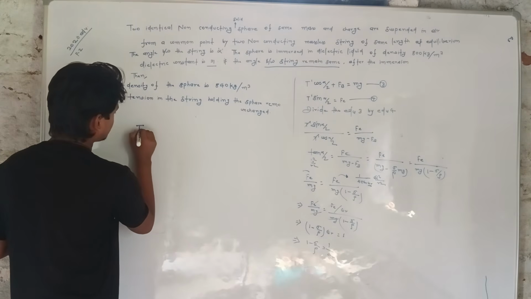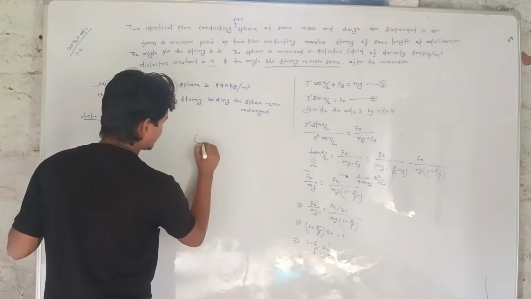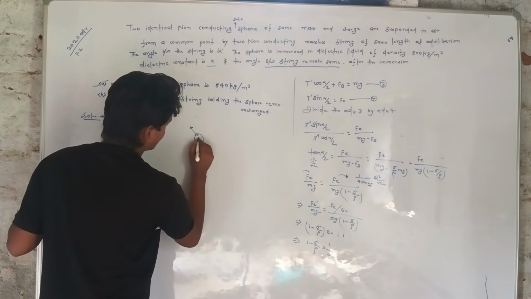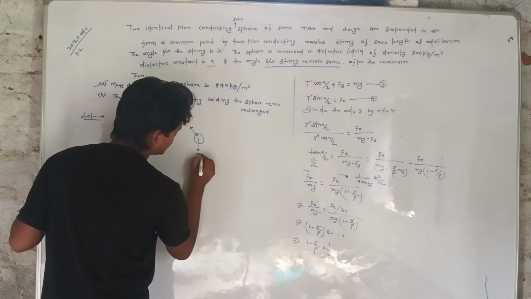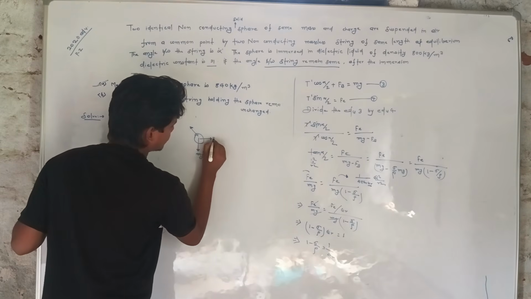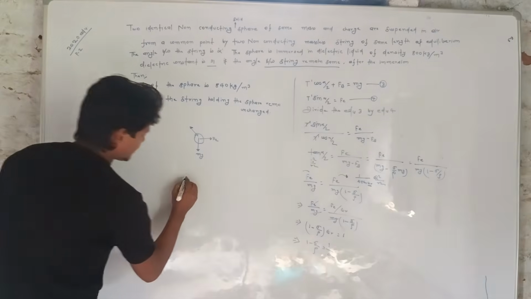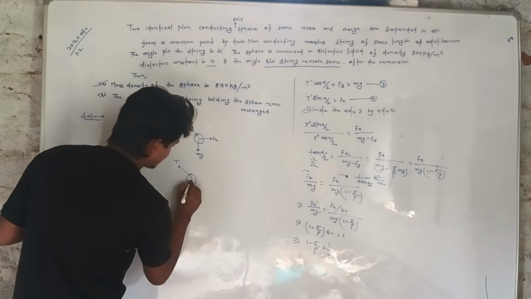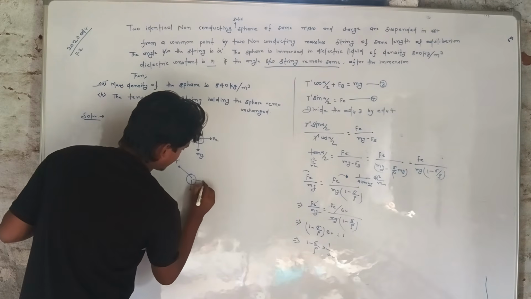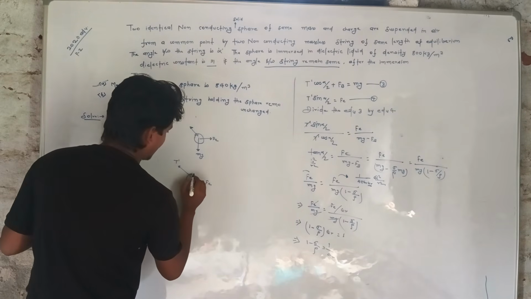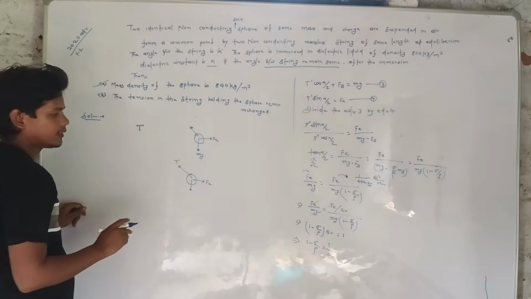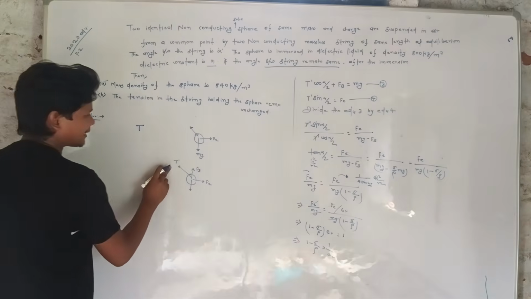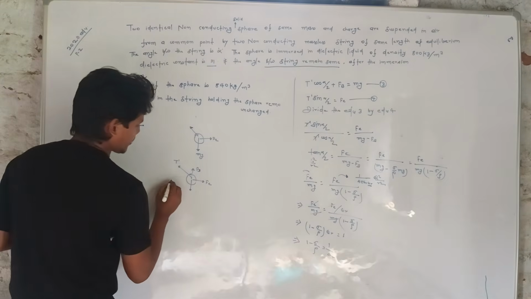If we see one side, that is in air, only mg downward and Fe outward. But in the case of liquid, here T dash, mg downward, the electrostatic force will be outward, and there is one more force due to the liquid, that is the buoyant force, Fb. So here the tension is not the same.